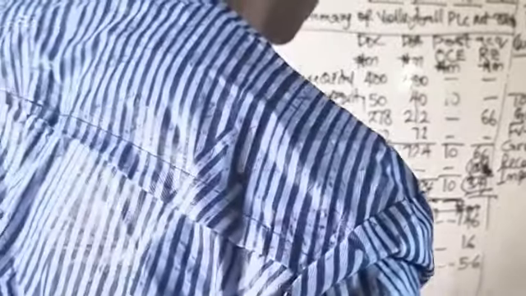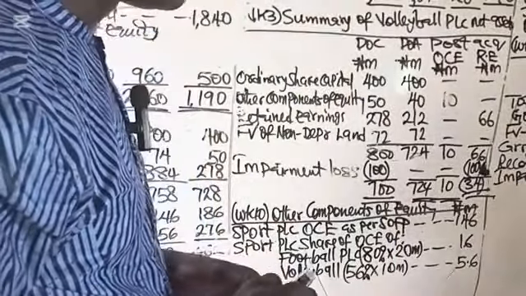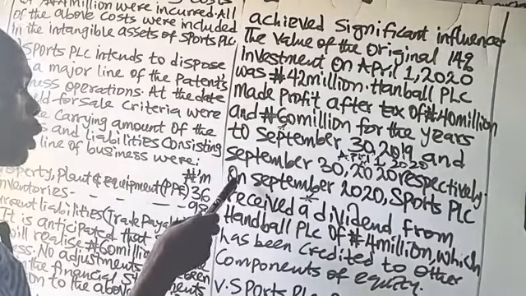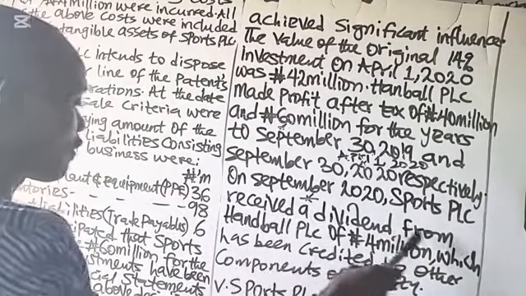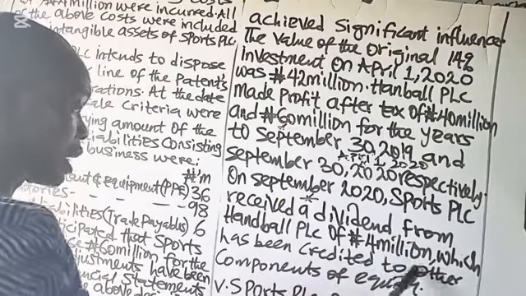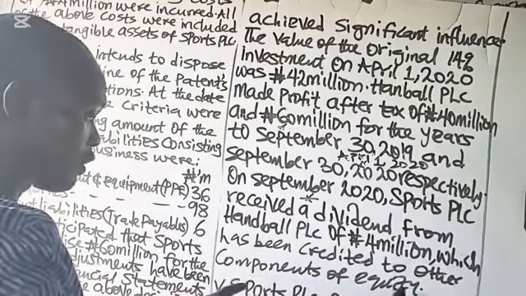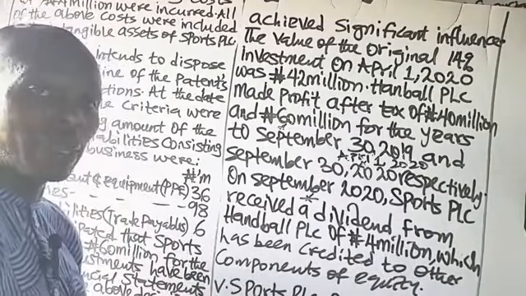Now, let's go through the additional information. From note 4, we were told that in September 2020, Sport PLC received a dividend from Handball PLC of 4 million, which has been credited to other components of equity. So this dividend was deducted from the investment in associate.